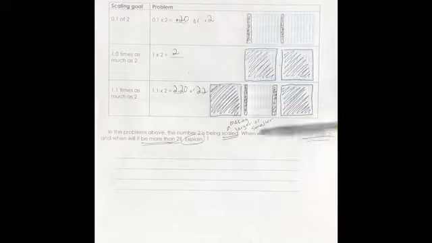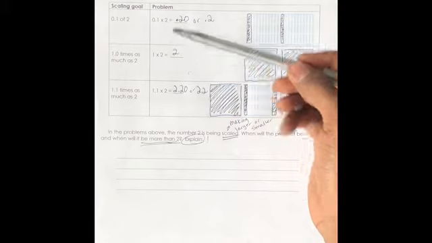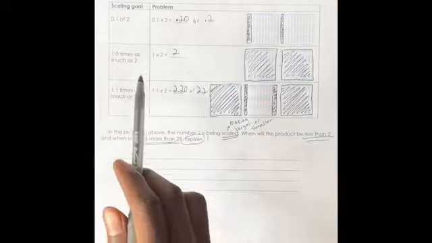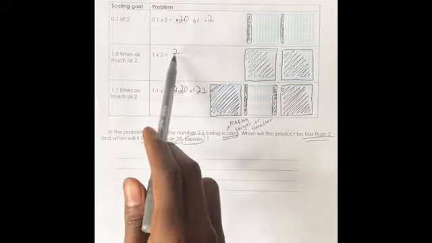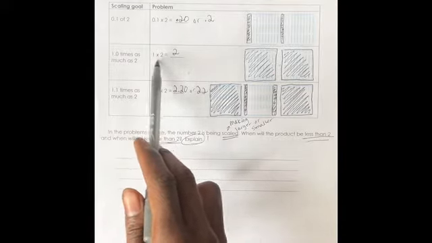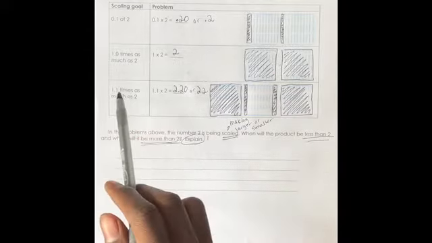Well, let's look back at our model to try to help us out. So the number 2 is being scaled, and sometimes the answer is going to be less than 2, sometimes it's going to be greater than 2, and actually where I want to start at is in the middle, where it actually is 2. So when 2 is scaled by a factor of 1, we see that it's actually the same amount.